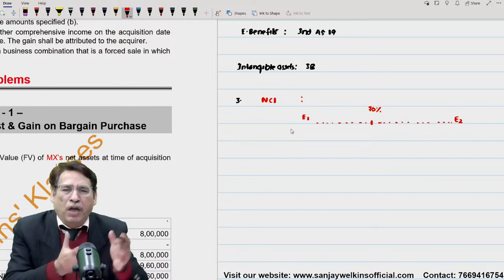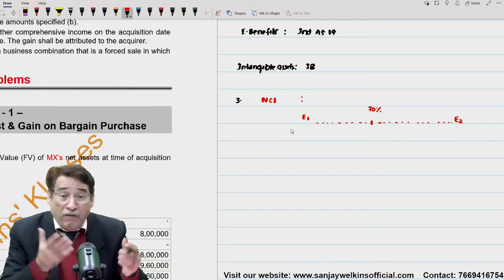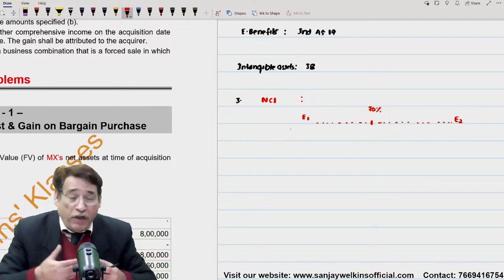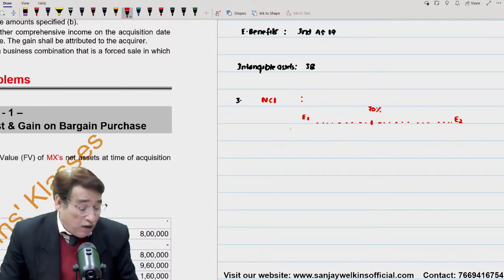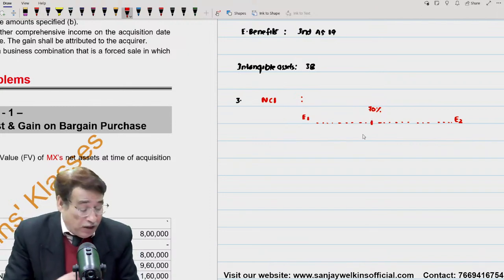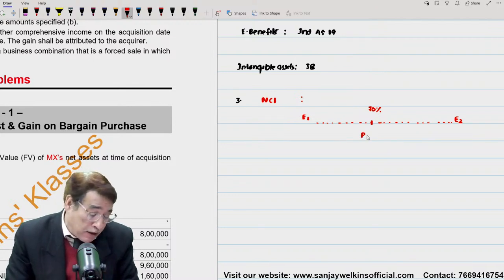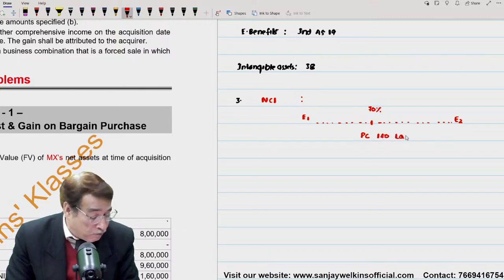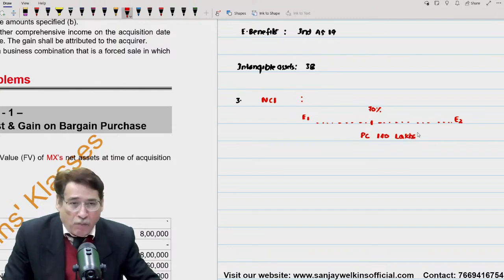We are not going to get hold of the whole entity. 70% shares we are purchasing. Obviously, we will have to pay some money. Let us say in order to purchase 70% share capital of E2, we have paid a purchase consideration of 140 lakhs. 140 lakhs worth of purchase consideration we have paid.